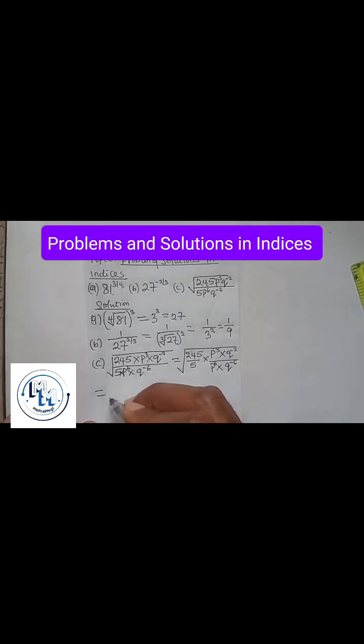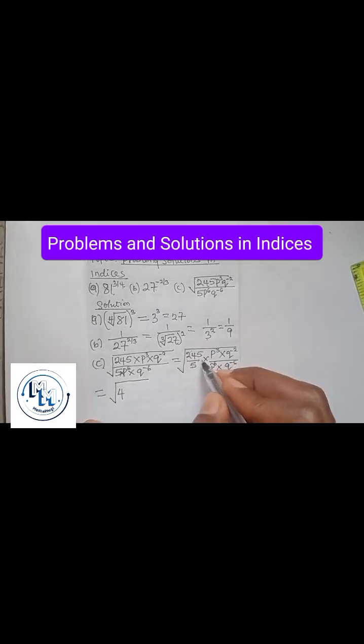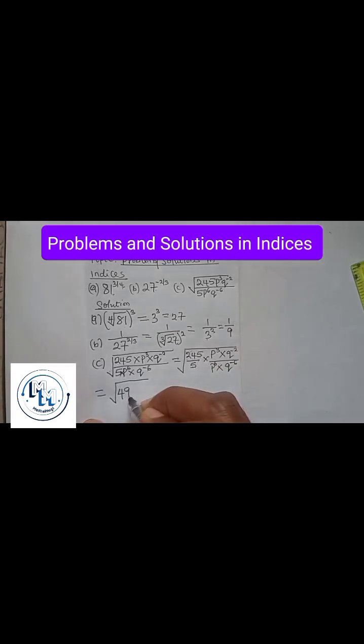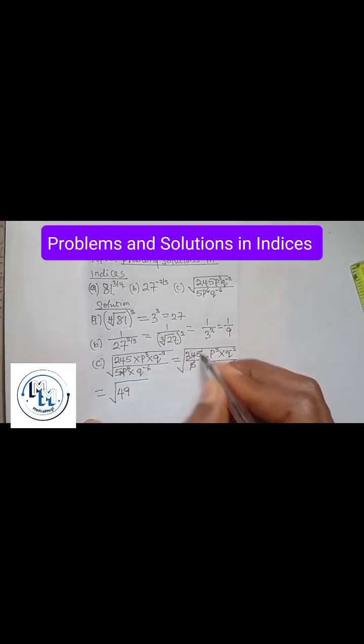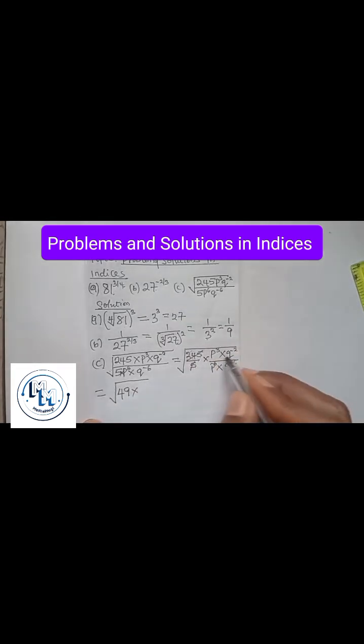Then 45 is left. Now 45 divided by 5 is 9. So this one is gone. Then I'm left with these ones here.